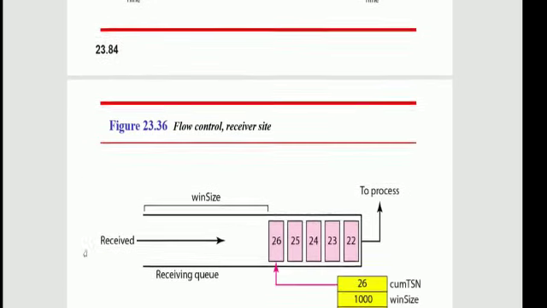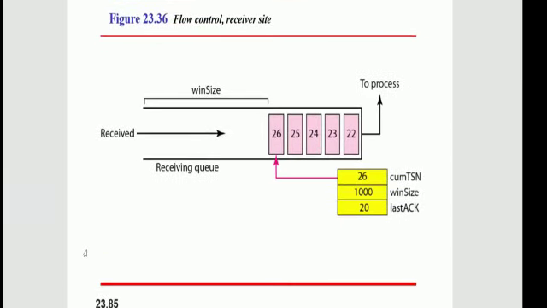In the next slide, we have to see how flow control is achieved at the receiver side. What is flow control? To handle two data units, the byte and chunk, in SCTP, TSN and acknowledgement values are expressed in chunks, where flow control at the receiver side and at the sender side are achieved. In the given diagram, the receiver has three variables and one buffer, that is a queue.